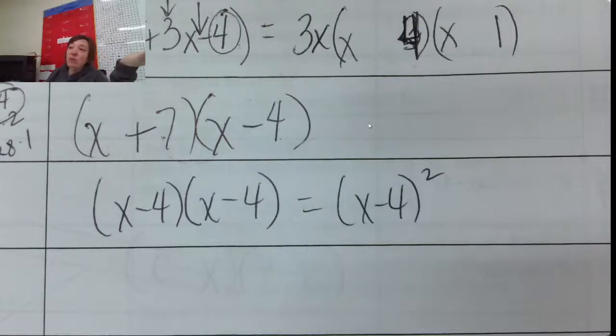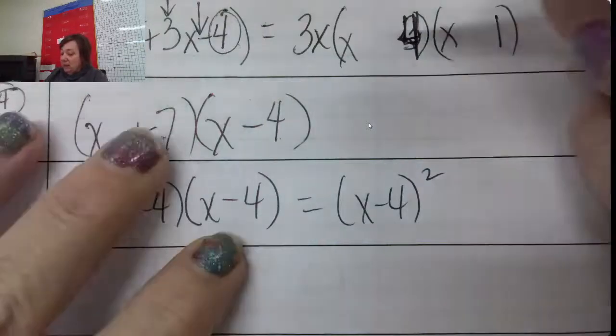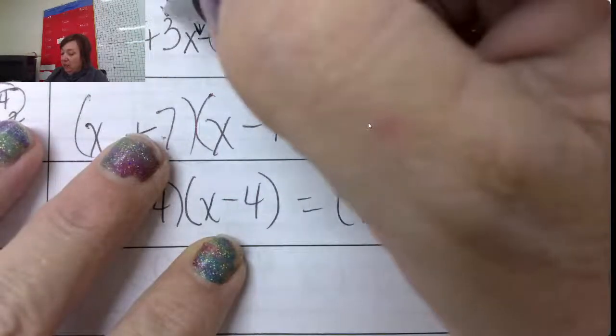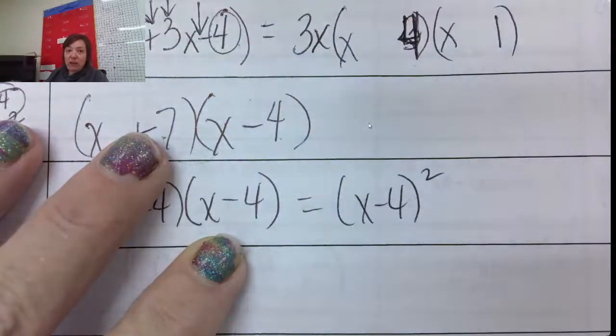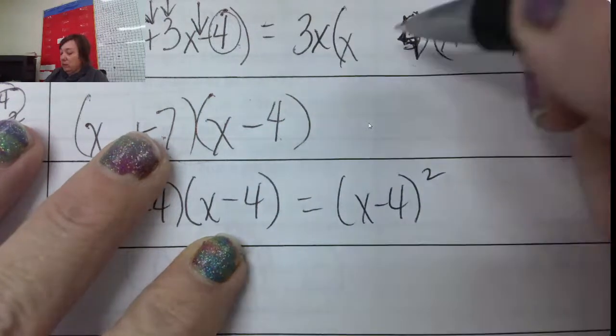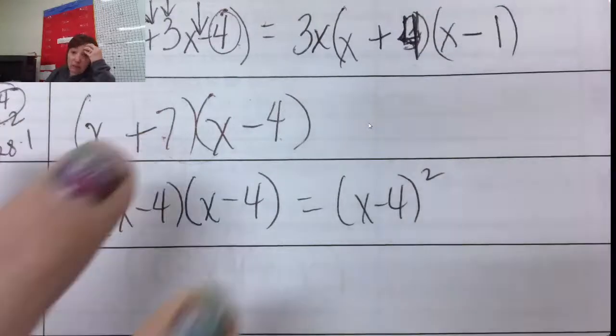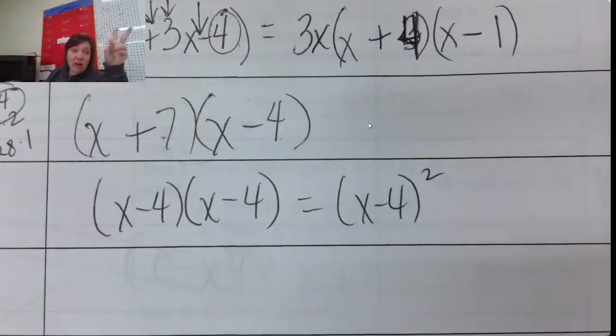Well, it means one of them's a positive, one of them's a negative, right? But what does this tell us right here? That plus sign right there. It tells us that the 4 is going to be a positive, the 1's going to be a negative. So see how we did 2 different kinds of factoring on the same problem here?